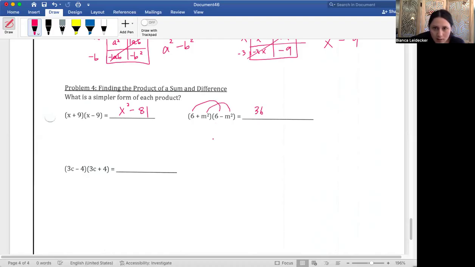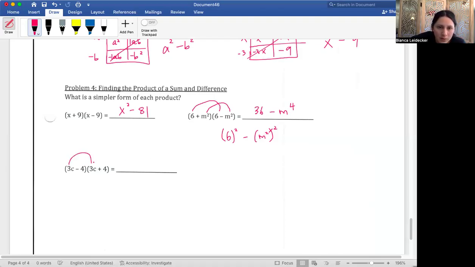Square these, and that's going to be m to the 4th power. So it's 36 minus m to the 4th power. If you want to, show your work and just double check. 6 squared is 36, m squared and squared. Remember, we can multiply 2 times 2 is 4, m to the 4th power here.